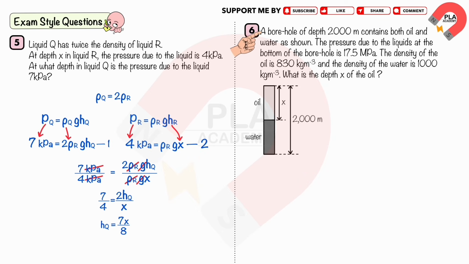Exam-style question 6. A borehole of depth 2,000 meters contains both oil and water as shown. The pressure due to the liquids at the bottom of the borehole is 17.5 megapascals. The density of the oil is 830 kilograms per cubic meter, and the density of the water is 1,000 kilograms per cubic meter.